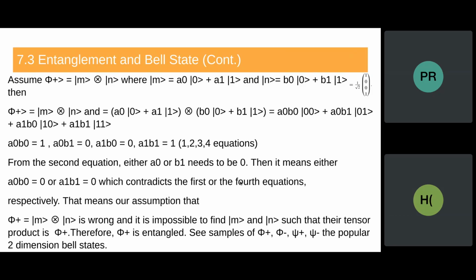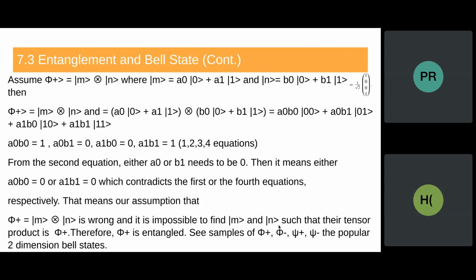So this means either A0 B0 is 0 or A1 B1 is 0, which contradicts the first or the fourth equation respectively. This means our assumption that phi plus equals ket m tensor product ket n is wrong. It is impossible to find m and n such that the tensor product gives phi plus. Therefore, it is called entangled.